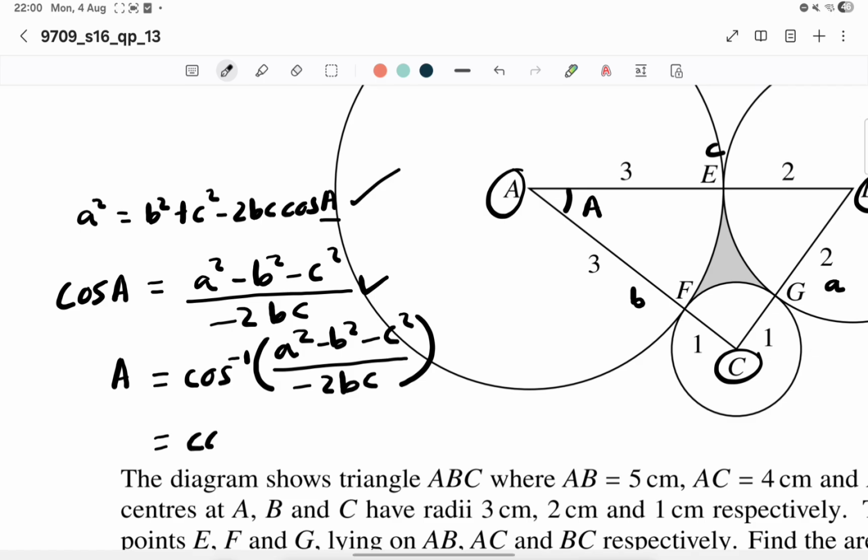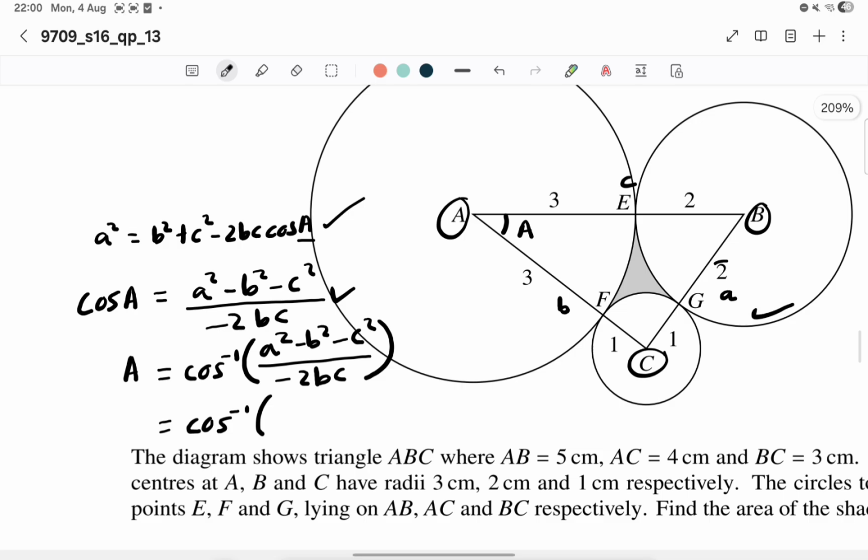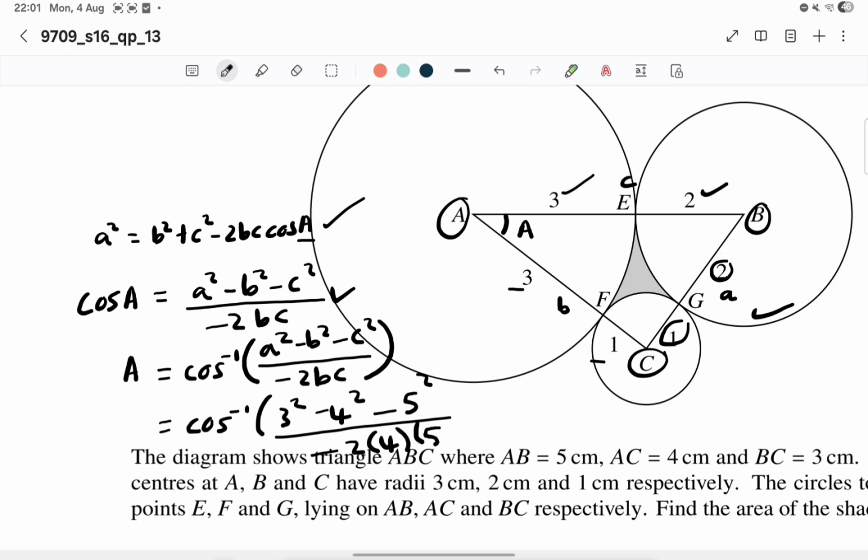Our angle at A is the cos inverse of a, which is 2 plus 1, that's 3, so 3 squared, minus b, which is 3 plus 1, that's 4 squared, minus c, which is 3 plus 2, 5 squared, over minus 2 times b, which is 4, and c, which is 5.